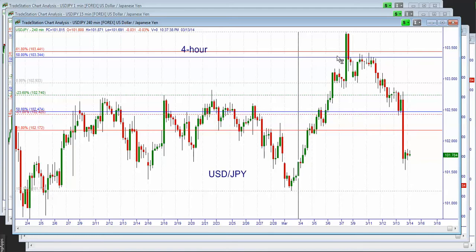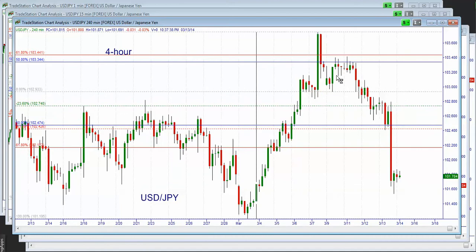And I explained why this short at 103.34 was a valid one, so please review the previous videos this week to understand the logic of this trade.